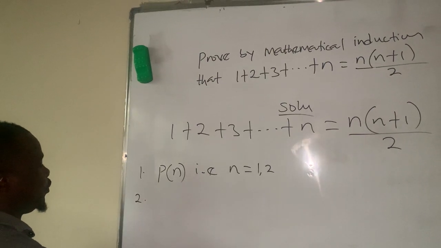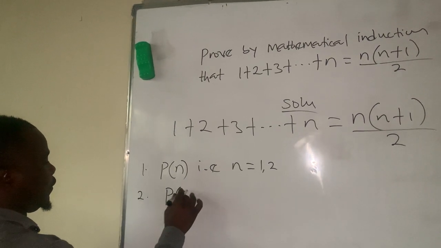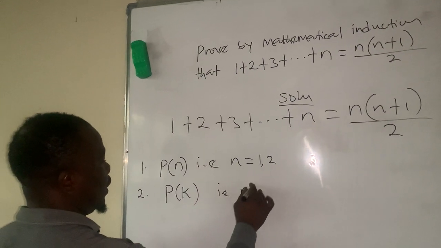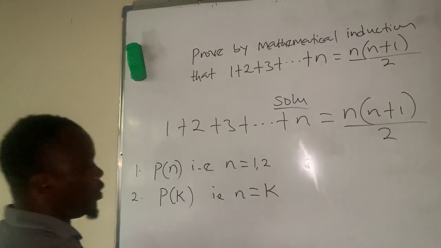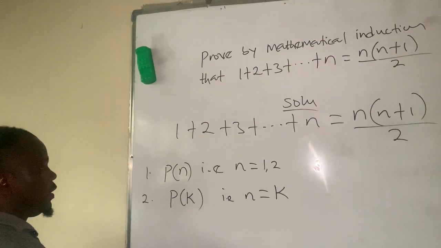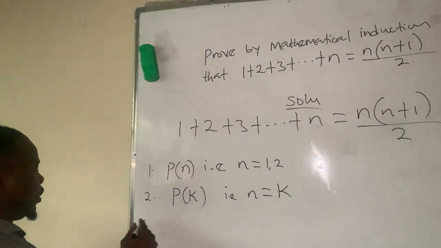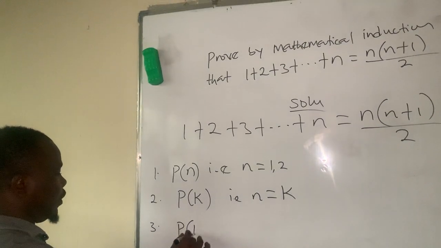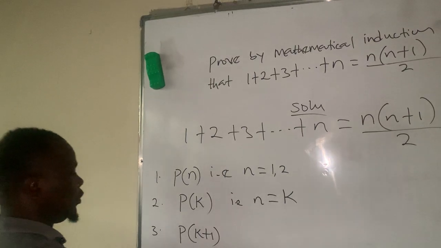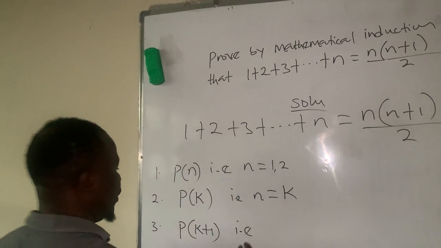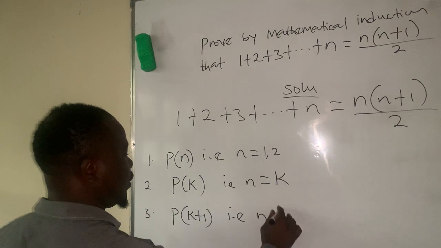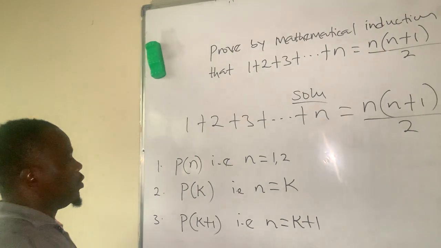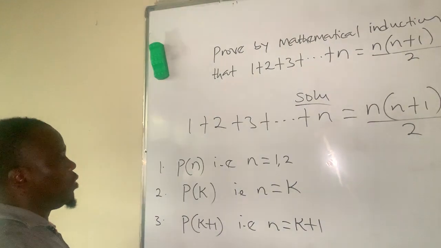Then two, P of k, that implies we assume n to be equal to k. Then the last and not the least, three, P of k plus 1, that implies that our n is equal to k plus 1. So these are the three properties we will consider.